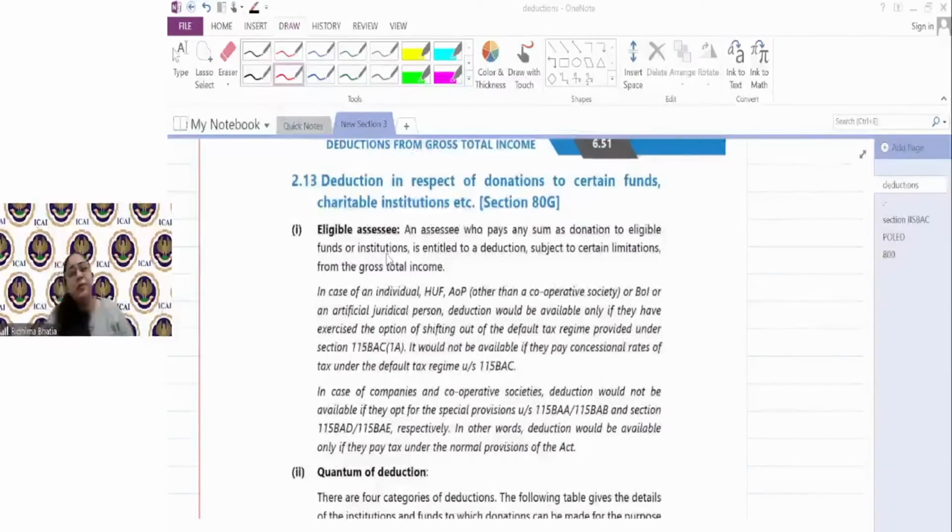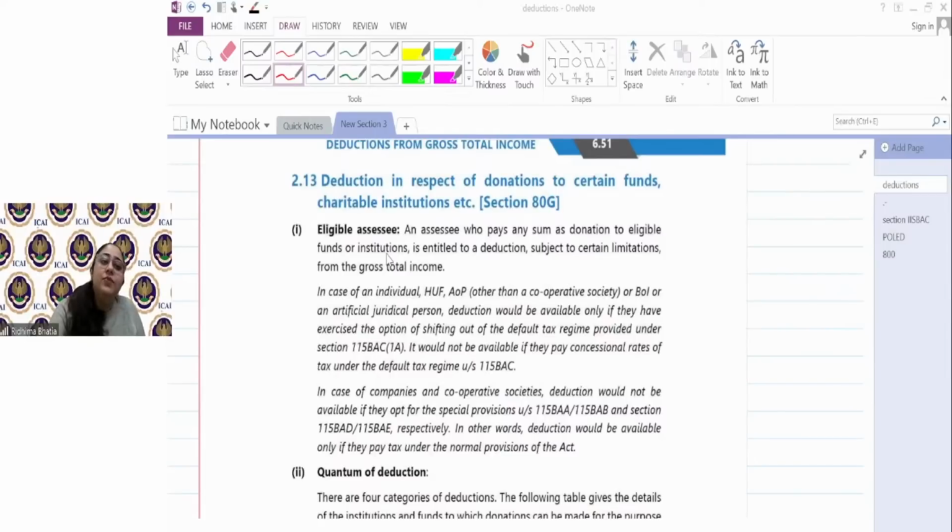Why I gave a summary up till now is so that you understand that the sections covered so far had only individuals or HUF in certain cases. No section covered deductions for companies or firms or any other person as such.